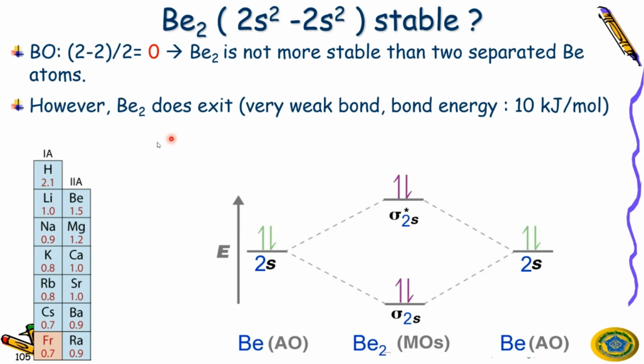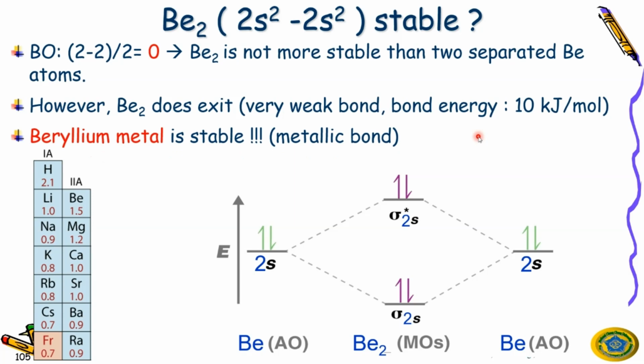However, the barium molecule does exist in some strict conditions because the bond energy is very weak. But barium metal is more stable. If you have more barium atoms get together, it is stable. This is what we call a metallic bond.